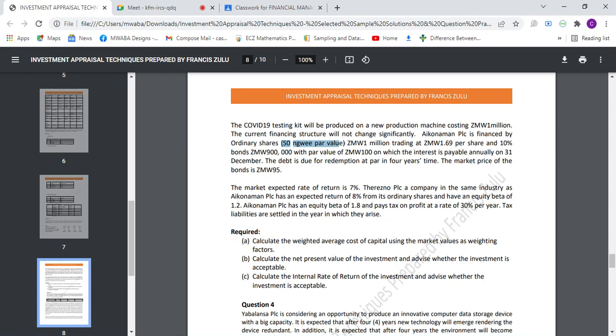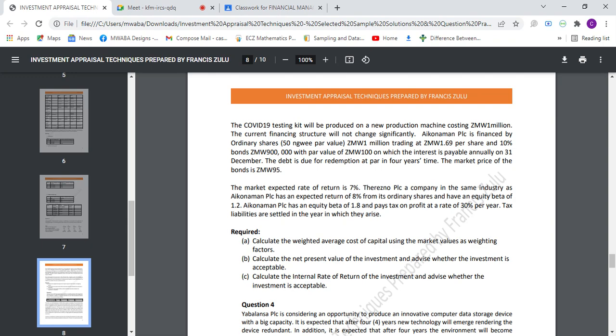So to the gentleman who asked about the question, because we're dealing with part A, we have to calculate the weighted average cost of capital. So the information we're looking for is here.